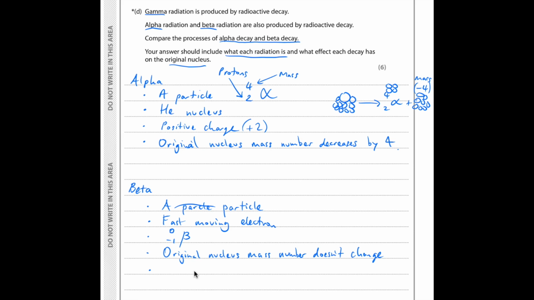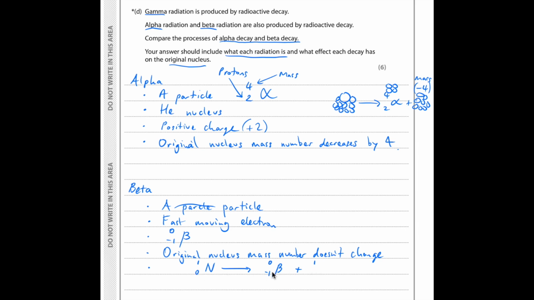And this is probably a question in itself. Where does the beta come from? Basically a neutron, which has got a mass of 1 and a charge of nothing, splits into a beta particle, which has got a mass of nothing and a charge of -1, plus you get, right, you have to have conservation of mass, so if that's 1 and that's nothing, we need it to equal 1, so that needs to be 1.